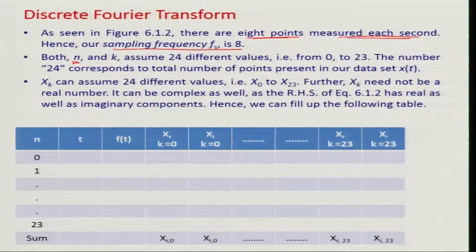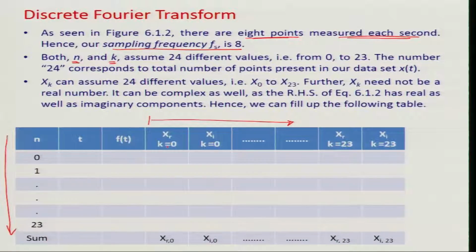The other thing to note is that both n, which is the index on time, and k, which is the index on frequency, can assume 24 different values. Okay. So, in this table n is going down and it is starting from 0, 1, 2, 3, 4 till 23, and k starts from here and it is going in this direction.